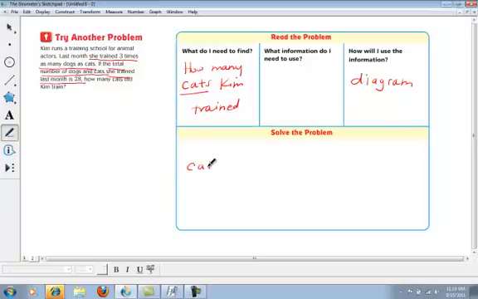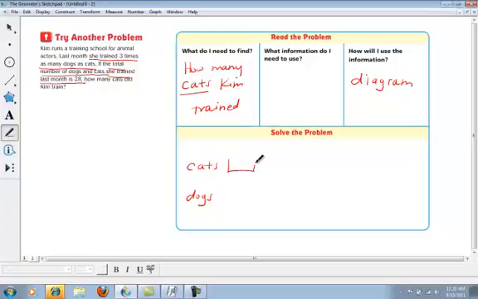So let's write here cats and dogs. Now what information does it tell us? She trained 3 times as many dogs as cats. So which one did she train more of, dogs or cats? She trained 3 times as many dogs, so that means she trained more dogs than cats.